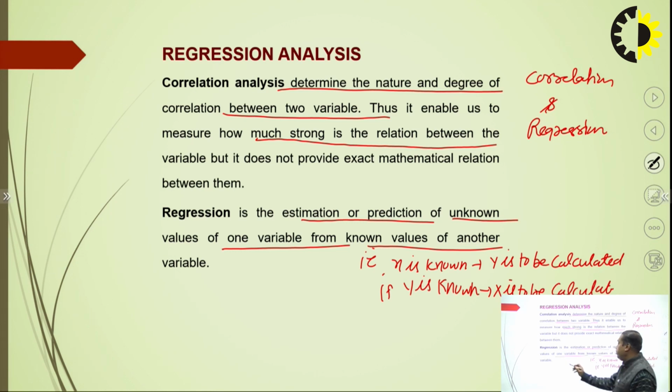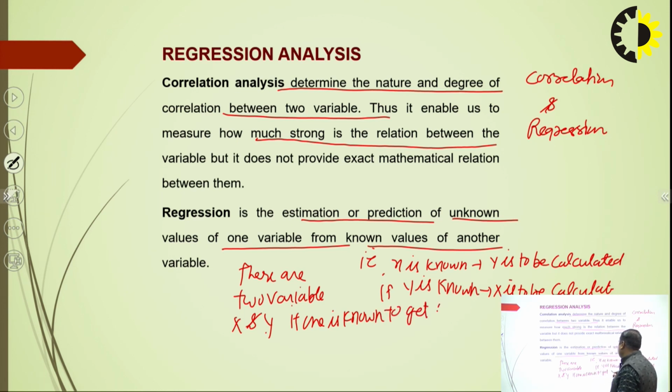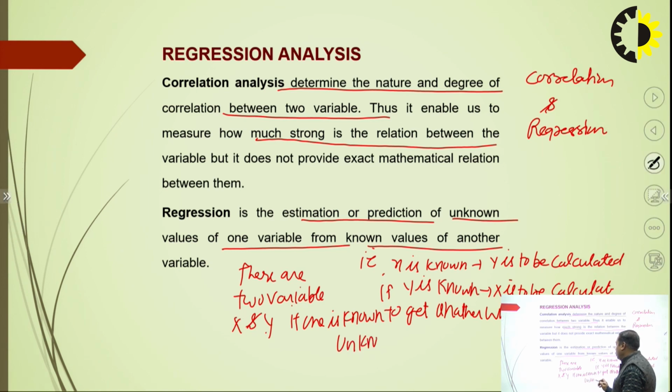That means if there are two variables, x and y, and one is known, then to get the other, which is unknown, is to be studied in regression.